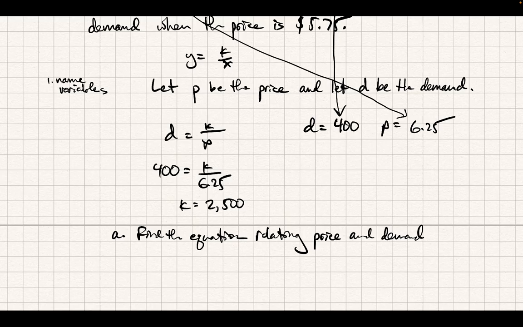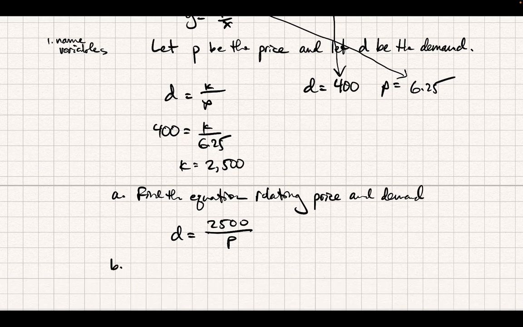D equals K over P. We just spent some time solving for K. 2,500 over P. I thought that was an X. My bad, that's P.